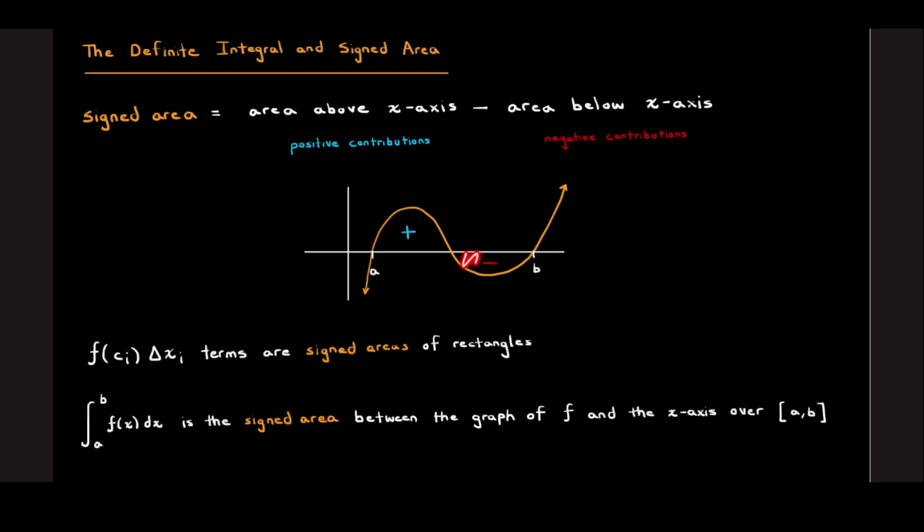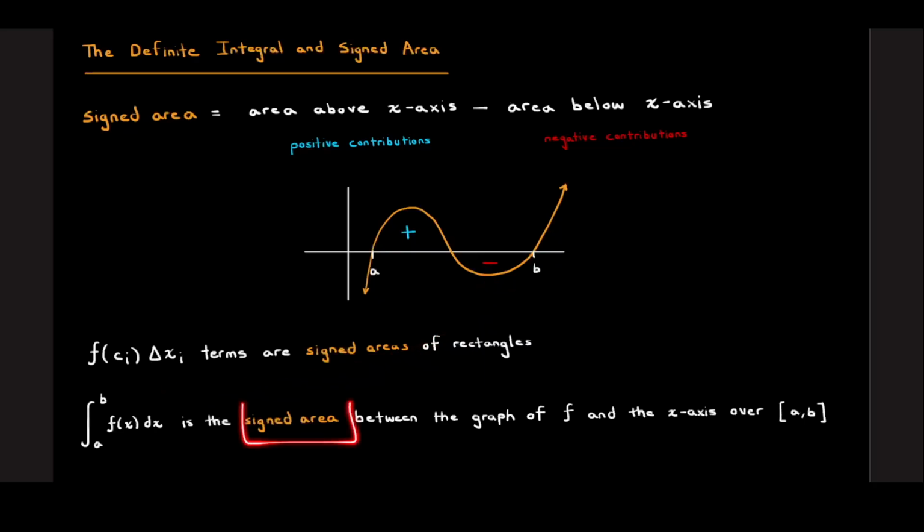It's also going to compute this area, but it's going to contribute negatively to the value of the definite integral. And so the definite integral represents the signed area between the graph of the function f and the x-axis over the interval from a to b. In other words, regions that are above the x-axis are going to contribute positively to this value, and regions that are below the x-axis are going to contribute negatively to this value. They're going to take away from this value.